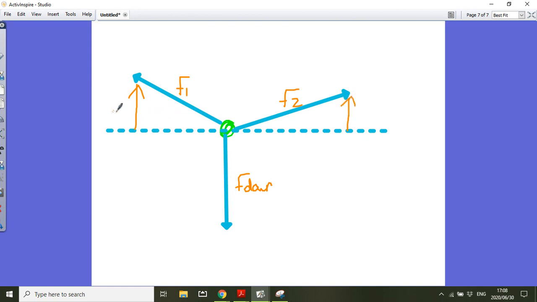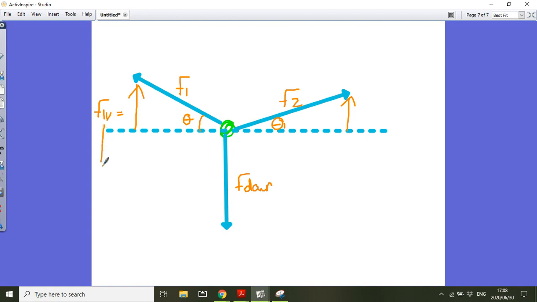So this will be the vertical component of F1, and we normally give you an angle. They could have given you the angle here with the horizontal. Just make sure you do your trig correctly. So if I have my theta here, I can see that this F vertical of force 1 is going to be opposite over F1.